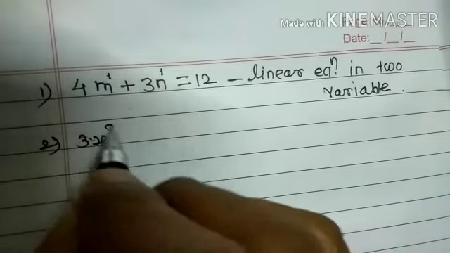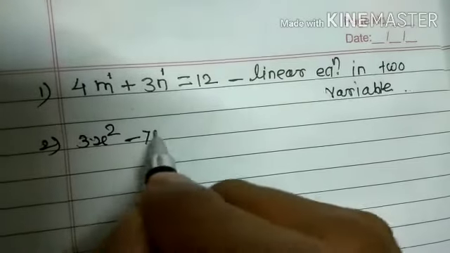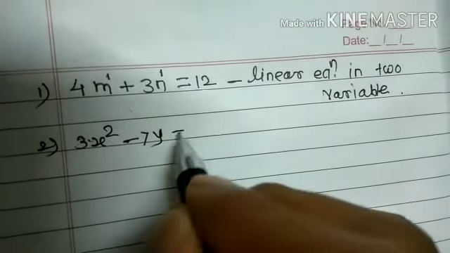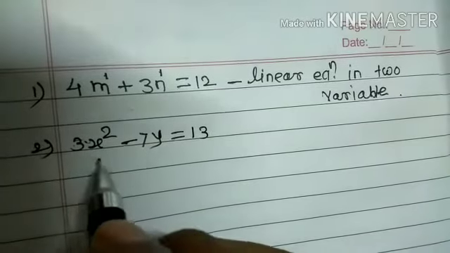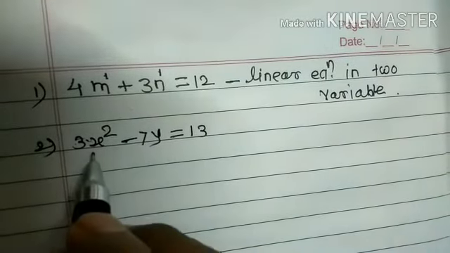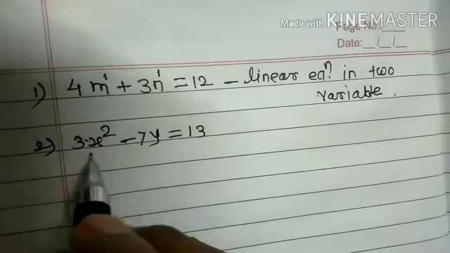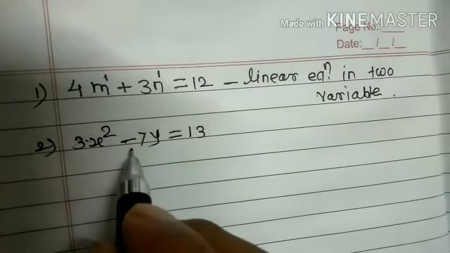Then second example, 3x square minus 7y is equal to 13. In this example two terms are given, first term is 3x square and second term is 7y.